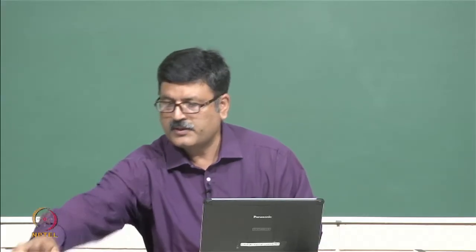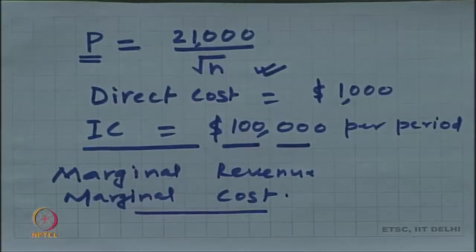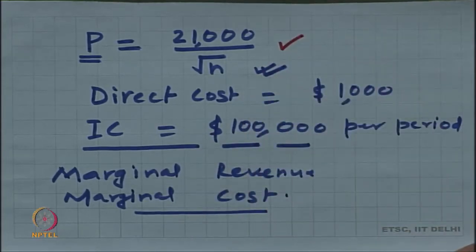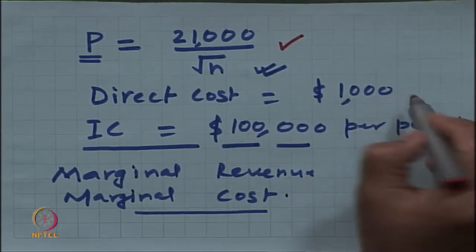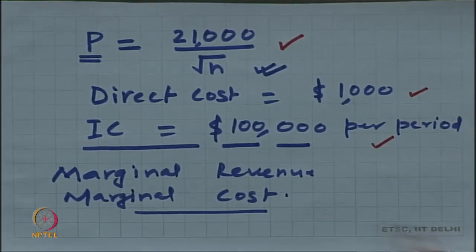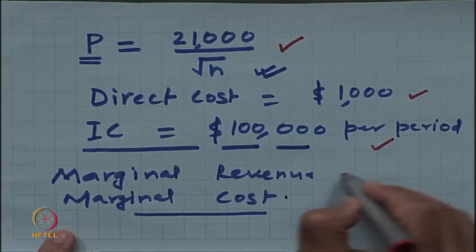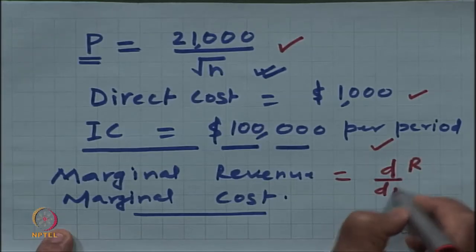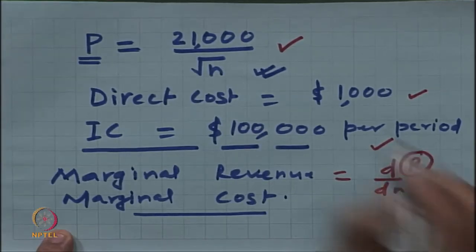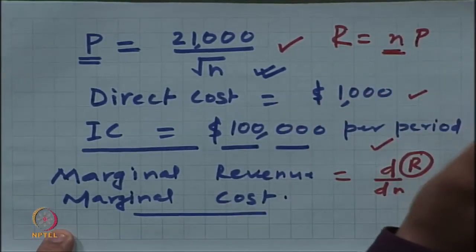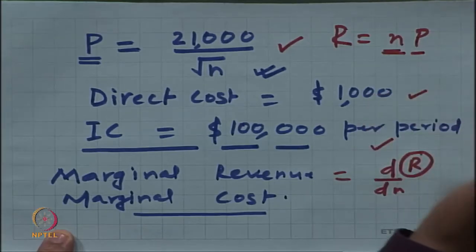Now, we go back to the problem which we are trying to solve, and in this problem, if you remember, I told you that P is given by an expression of 21,000 divided by under root n, and direct cost is given to be $1,000, the indirect cost is $100,000 per period. Now, marginal revenue is defined as d by dn of this revenue R, where R is n times P. Here n is the number of units we are producing and P is the sales price.